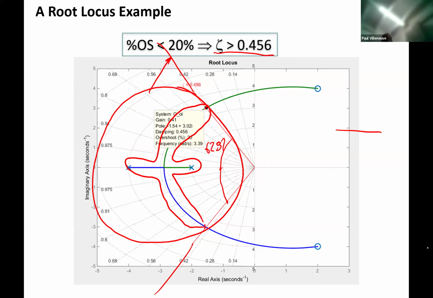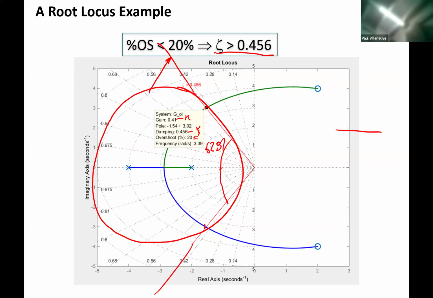All right. The nice thing about this too is in MATLAB, once you have your root locus plotted, you can actually pick a point on the curve and it'll tell you what K is, what this pole is, minus 1.54 plus j3.02. It tells you damping, or another way to say zeta. Look what else it tells you.